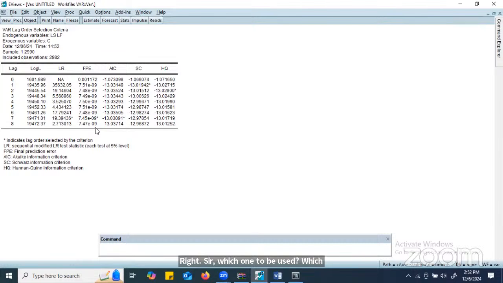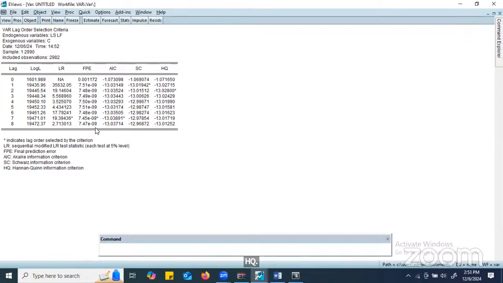I don't want to enter into the debate about the optimal lag length criteria. Here there are five: LR, FPE, AIC, SC, HQ.